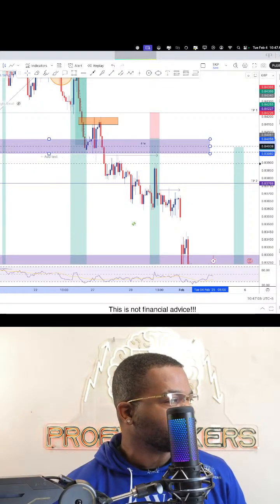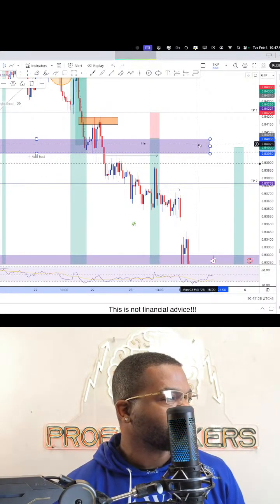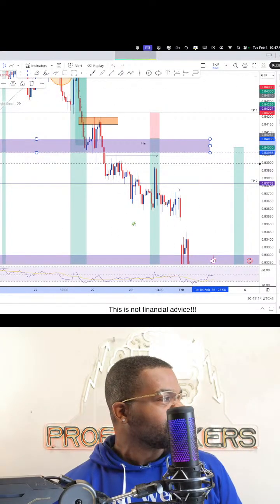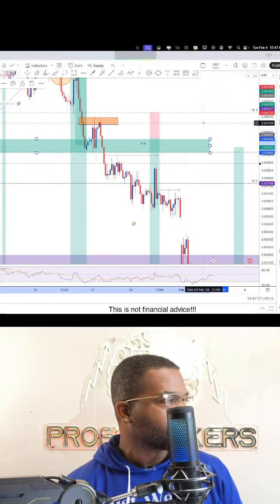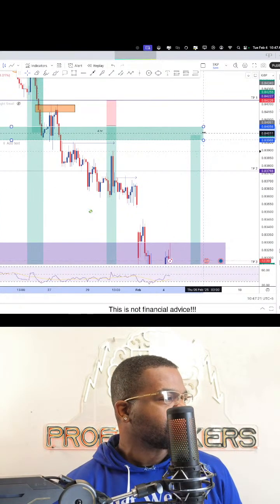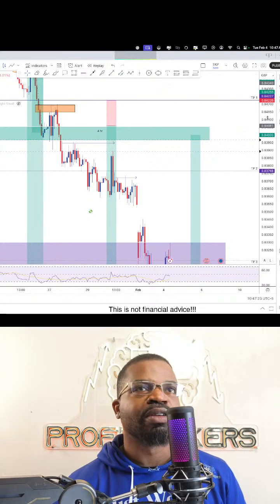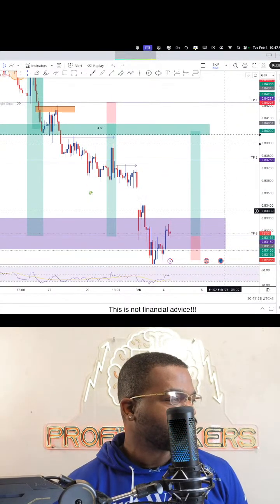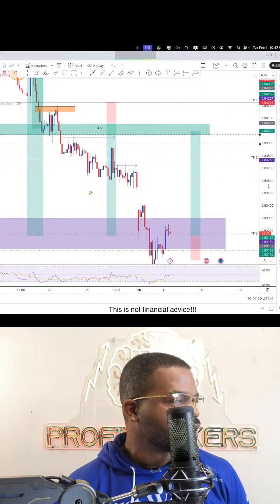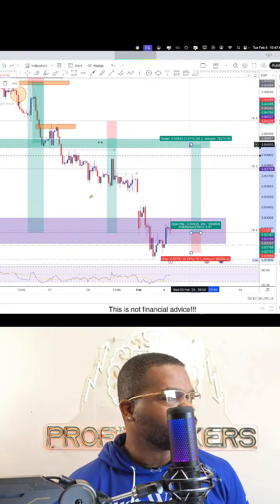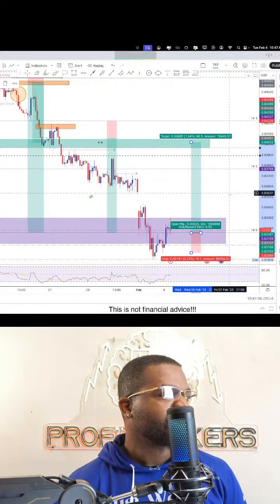That's why I got this zone here, this key level. So that's the next thing that we want to test. We want to see if price will reject at these lows and pull back and hit this structural level before continuing that downtrend.